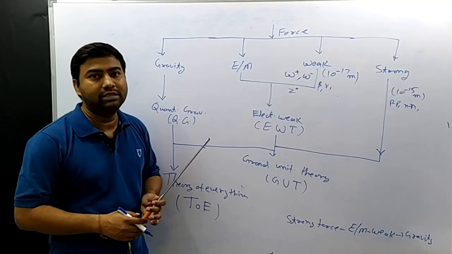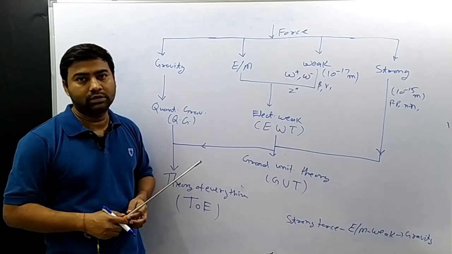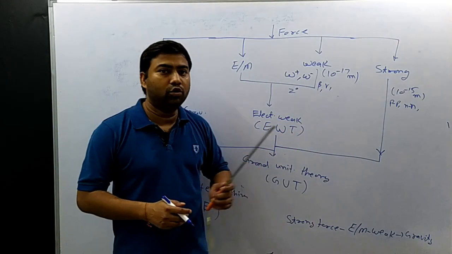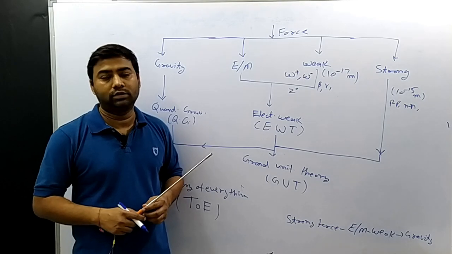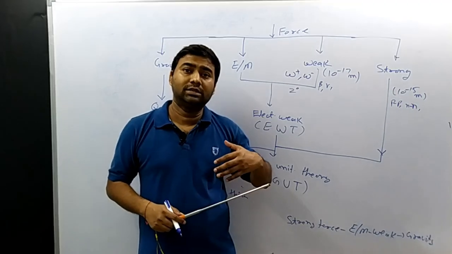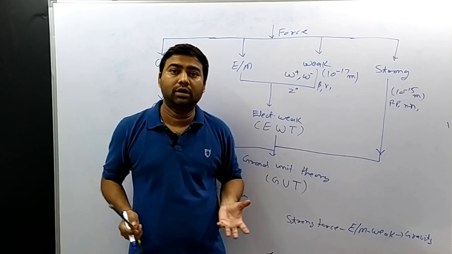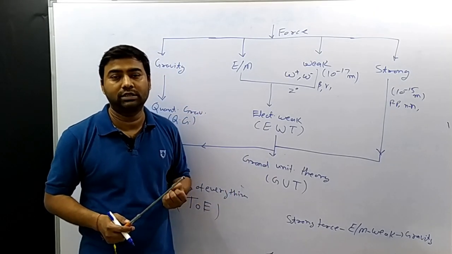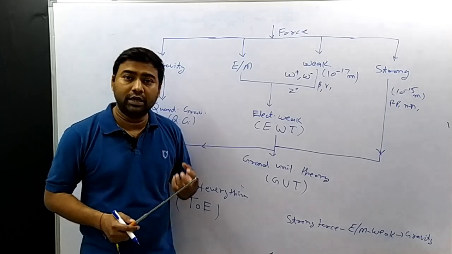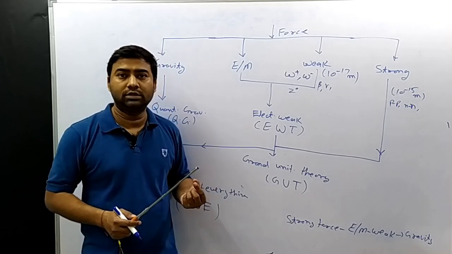So that is the reason for the weak nuclear force. And the last category of force is the strong nuclear force. Strong nuclear forces are the strongest type of force among all known forces in nature. They are also a small range force.